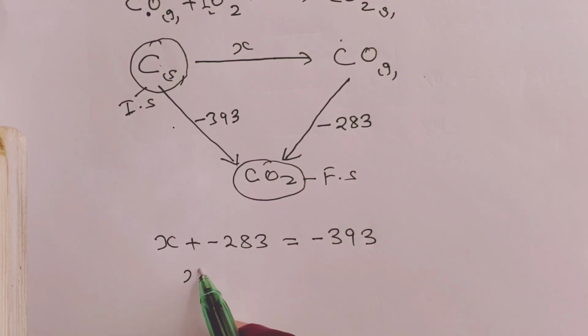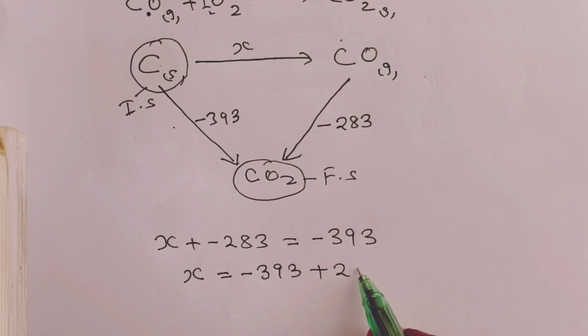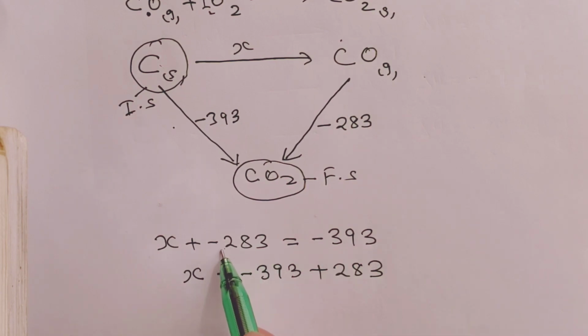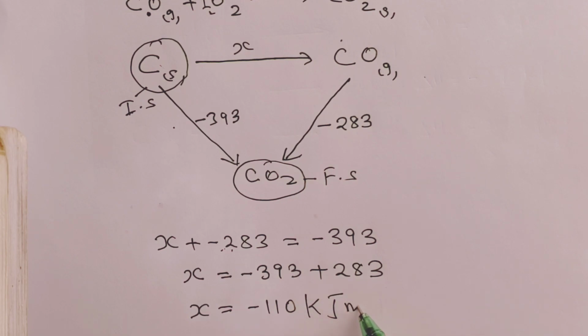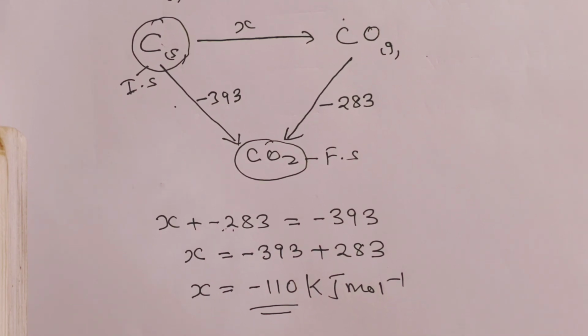So from here, our enthalpy of formation of carbon(II) oxide is given by negative 393 added to 283. If we add 283 both sides to eliminate negative 283 on the left hand side, this gives us a value of negative 110 kilojoules per mole as the enthalpy of formation of carbon(II) oxide.